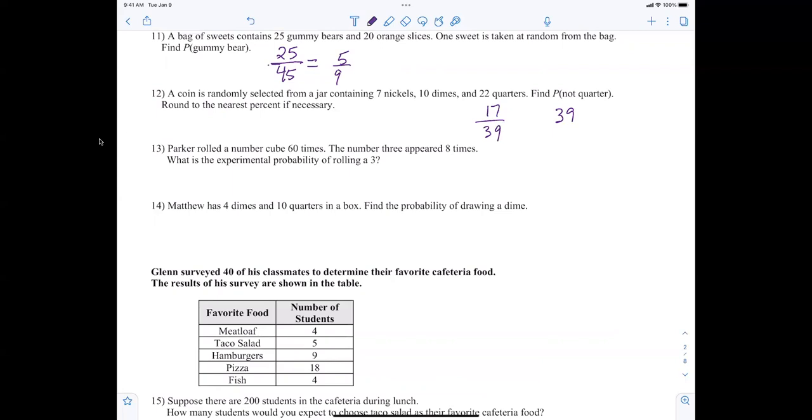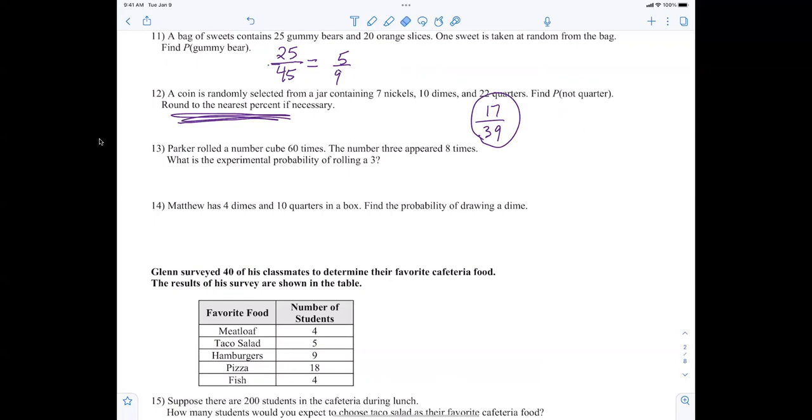Now, it says round to the nearest percent. All right. Generally, I'm going to do our probability as a what? As a fraction. All right. But now take out your handy dandy calculator and let's convert that to a decimal, please.